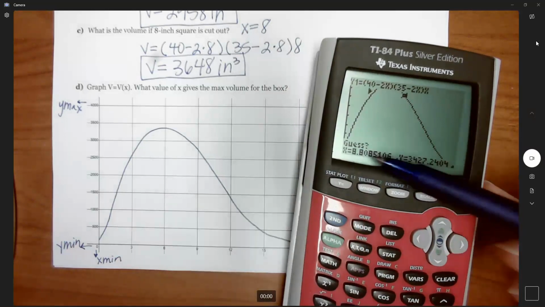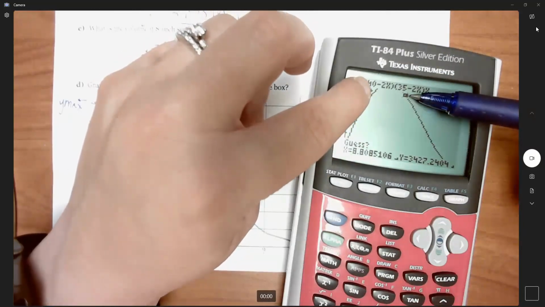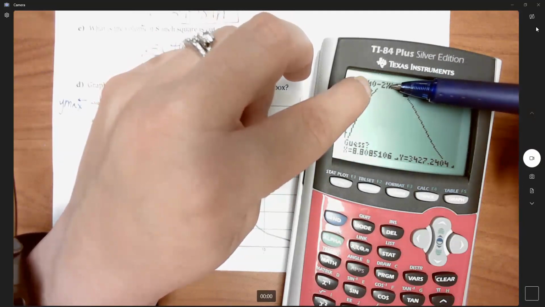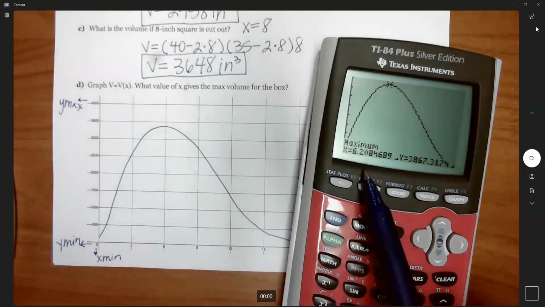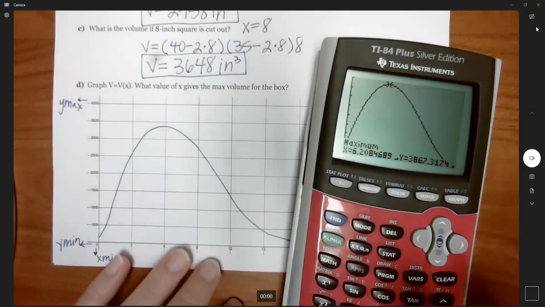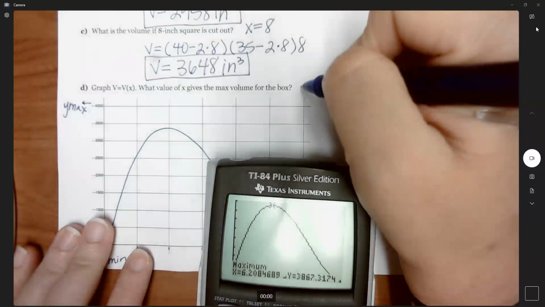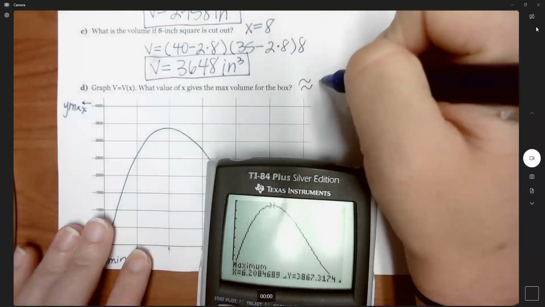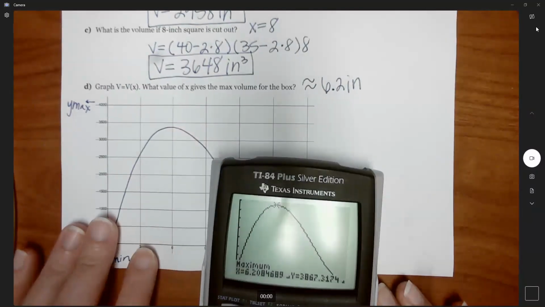It's going to ask for a guess. Guess doesn't mean much, but you can make sure that those arrows are outside and around whatever that max is. I'm going to hit enter. And now I have my max. My max is about 6.2 inches.